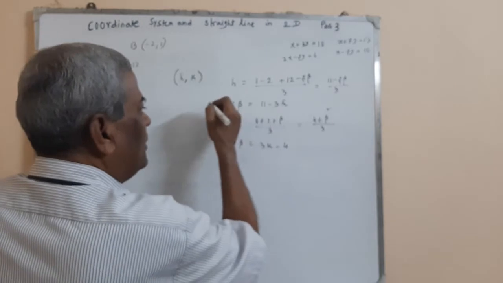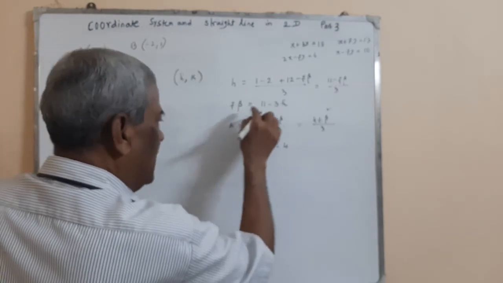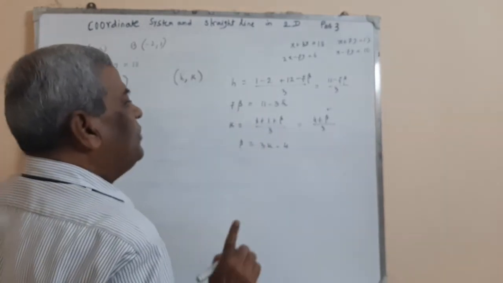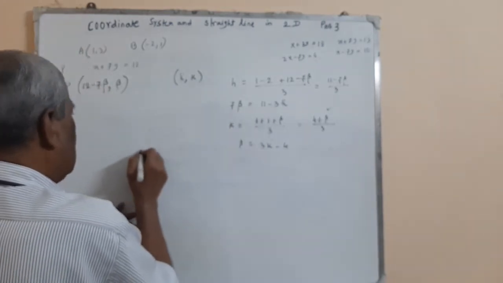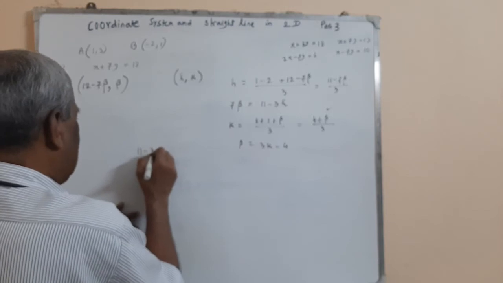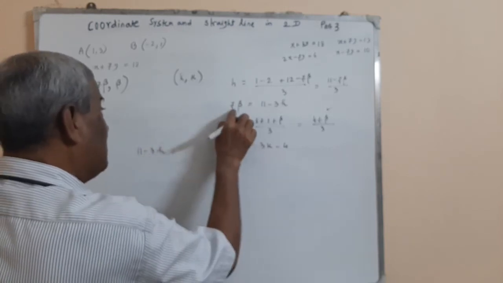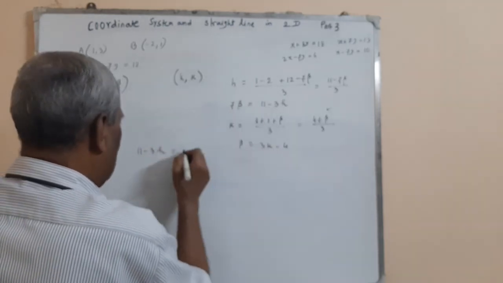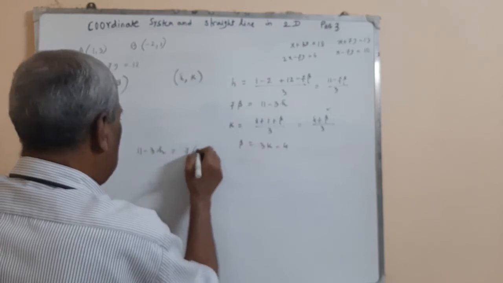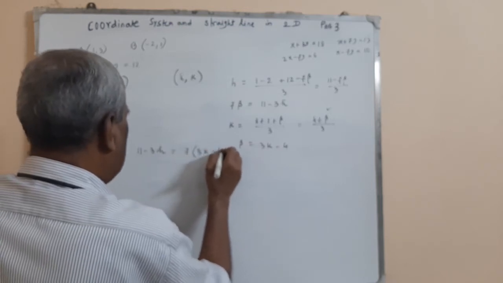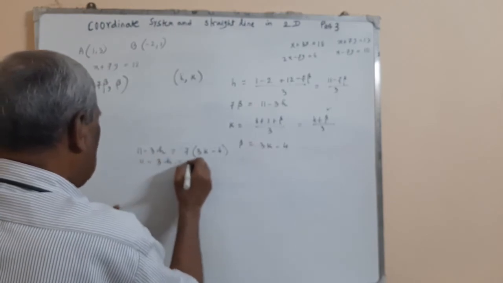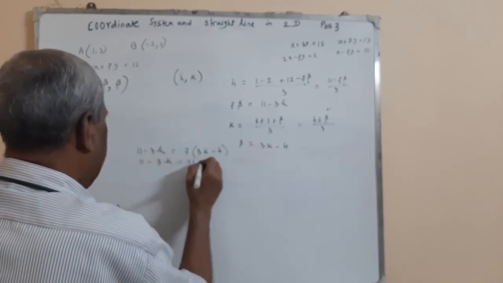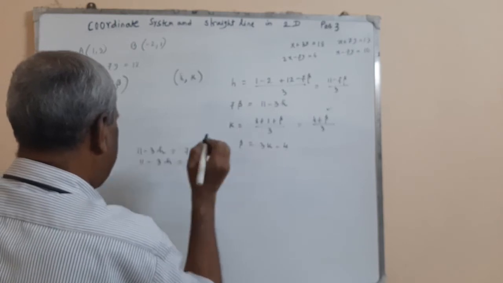Now from this and that, we have to eliminate beta. So 7 beta is 11 minus 3h, mind that, and this is beta. So multiply this by 7 into (3k minus 4), that is 11 minus 3h is equal to 21k minus 28.